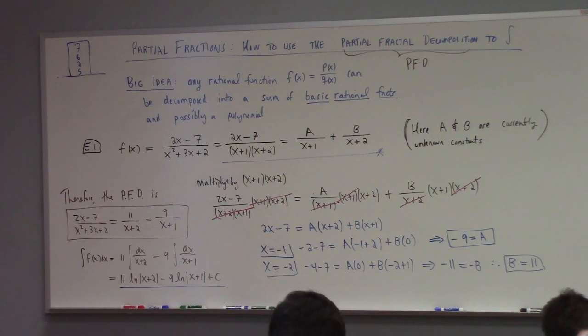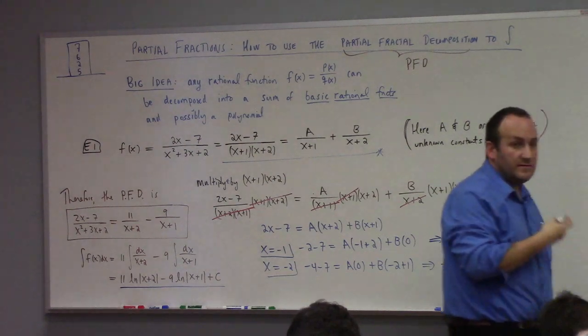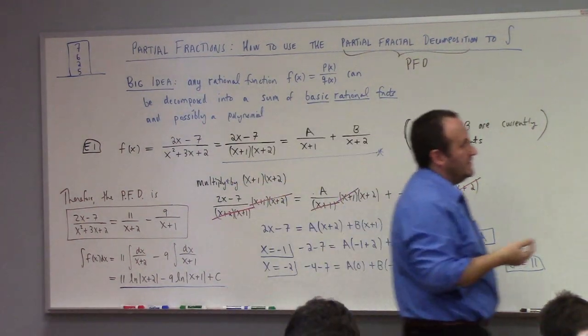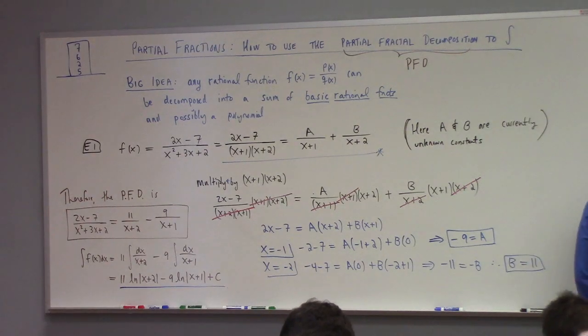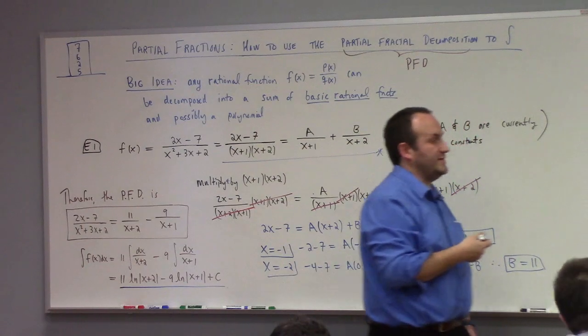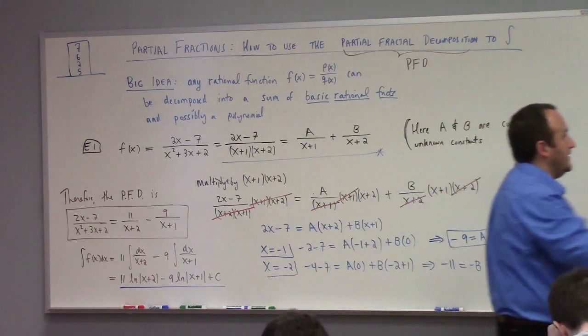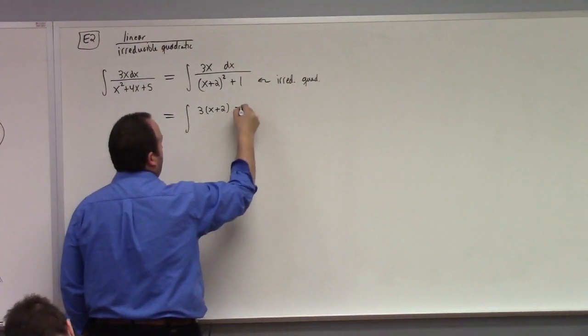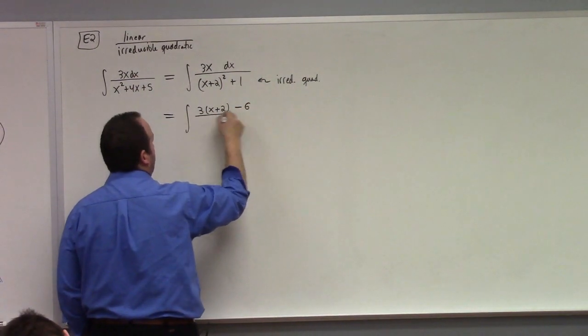Irreducible quadratic. If you looked at the graph y equals to that, there'd be no x-intercepts. So in this case, there's a variety of different ways you could attack it, but the way I would attack such a thing is to create an x plus 2 upstairs. So that's x plus 2, and then that would have to subtract 6.